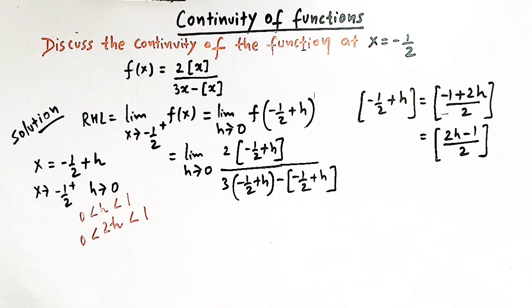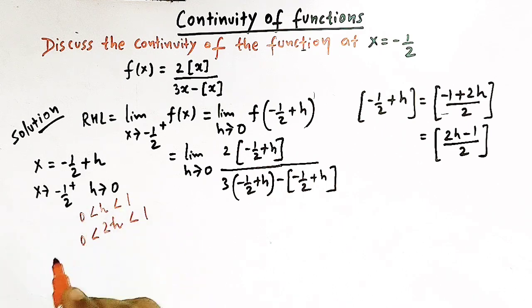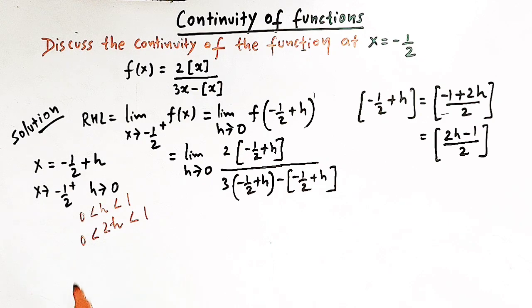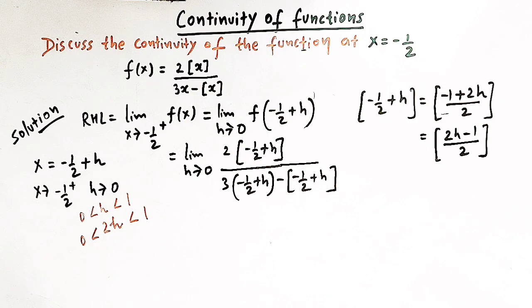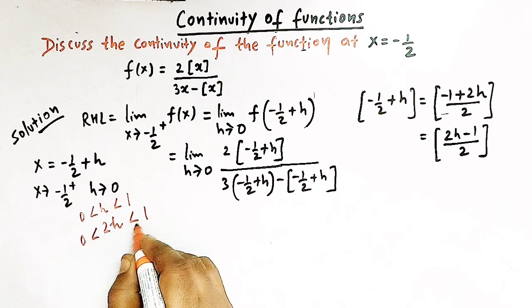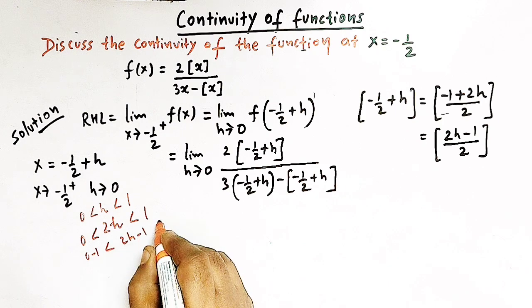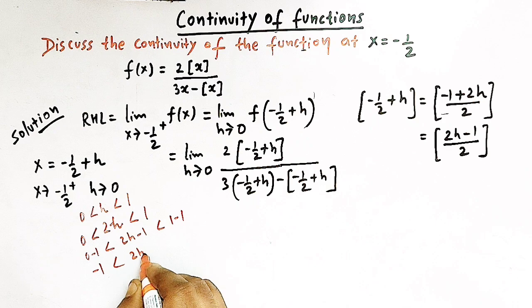So h is infinitesimally very small and it lies between 0 and 1. So the product of 2 and h should also lie between 0 and 1, and 2h is also infinitesimally very small. So now let us subtract 1. So we have 0 minus 1, here we have 2h minus 1, here we have 1 minus 1.